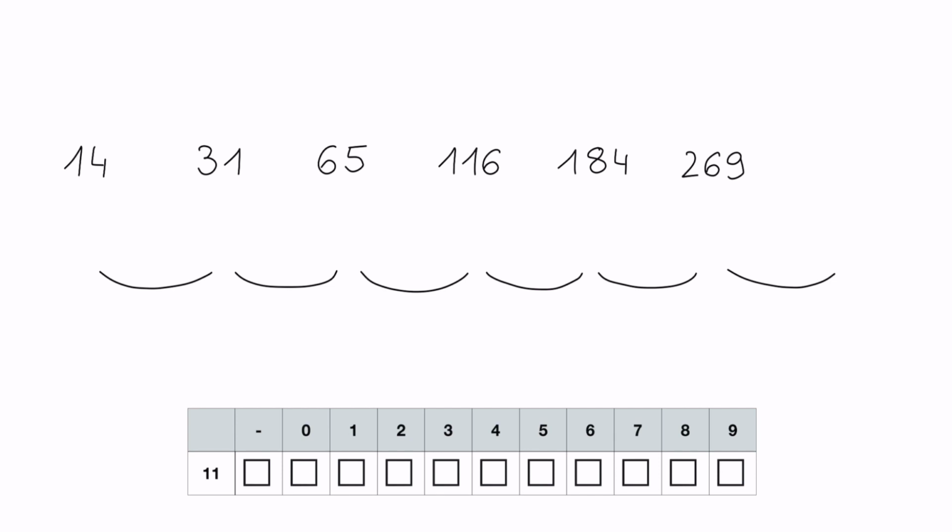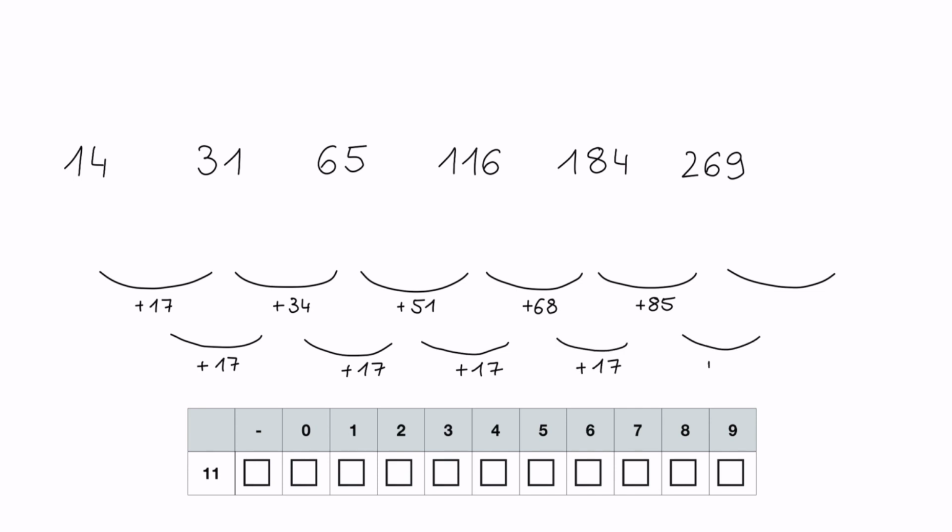This too is another task that looks difficult at first, because if we write everything straight across, we see that we're adding 17 and then 34 and then 51 and 68. But we can see that we're actually adding 17 to what we're adding every time, which means at the end we have plus 102, which will yield 371.